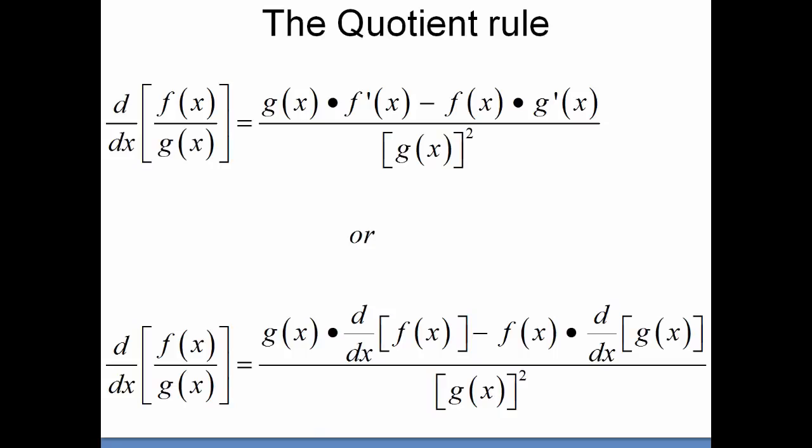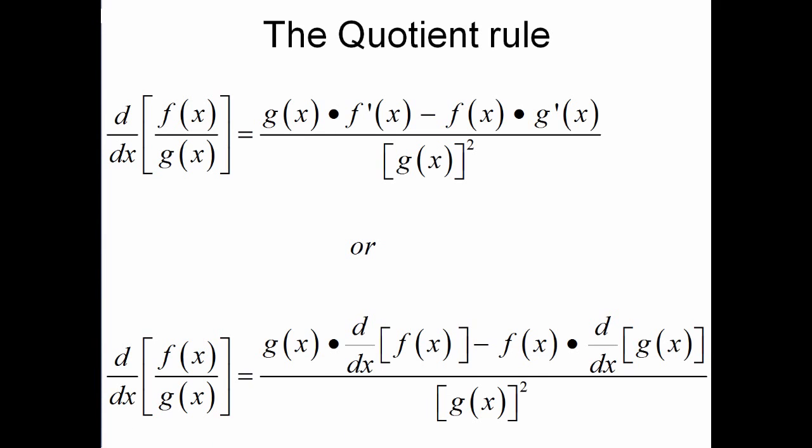So this is the quotient rule. It seems really complicated, but it's not, as long as you remember this saying that I'm about to teach you. So if you need to take the derivative of a function being divided by another function, let me call this the high function. Let me call this the low function. So the quotient rule says this.